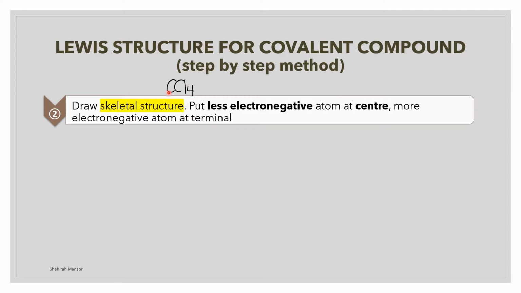So between carbon and chlorine, which one is less electronegative? The answer is carbon. So in that case, you have to put carbon as central atom and the rest of the chlorine atoms will be the terminal atoms.